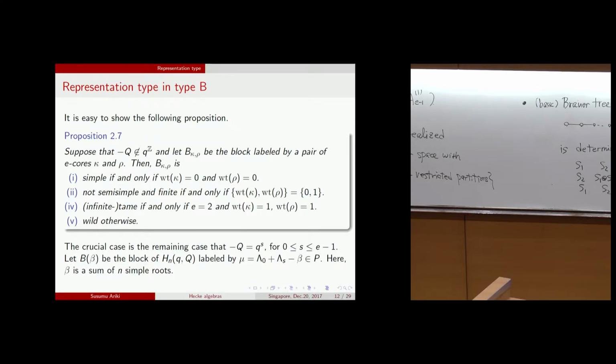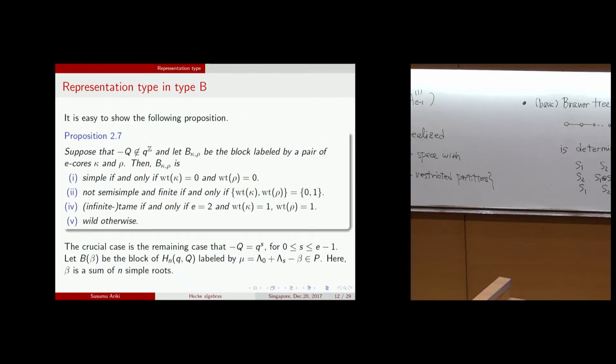And the infinite type if and only if both weights are 1. Yes, so this is the case that the finite type algebra tensor finite type algebra equals tame type algebra, and wild otherwise. This case is easily settled.